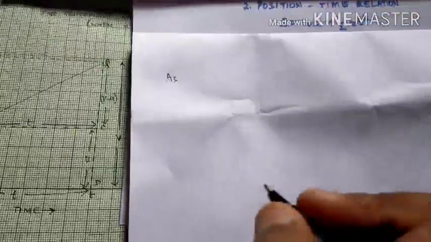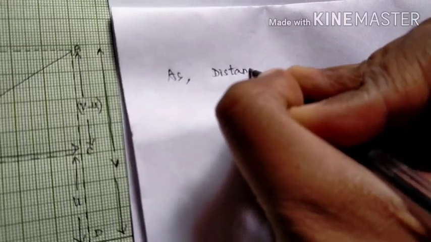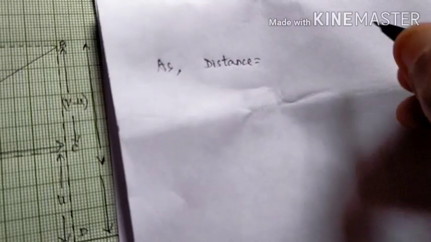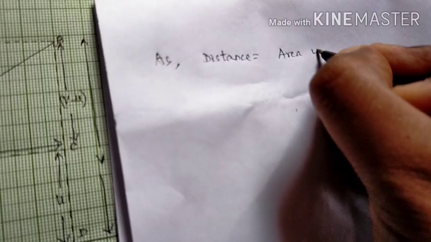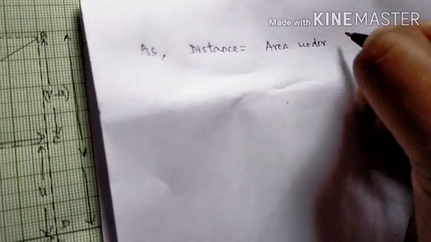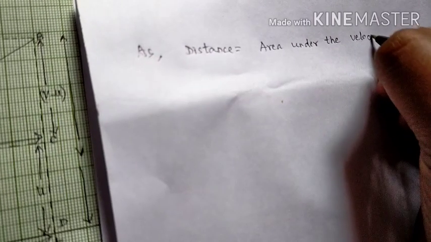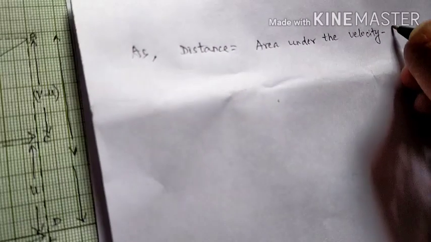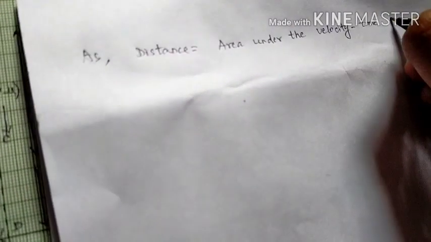Now as distance is equal to area under the velocity time graph.